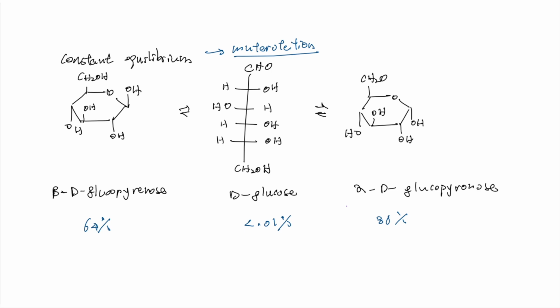You can try to draw out the chair conformation for both alpha and beta and see which one might be more stable.